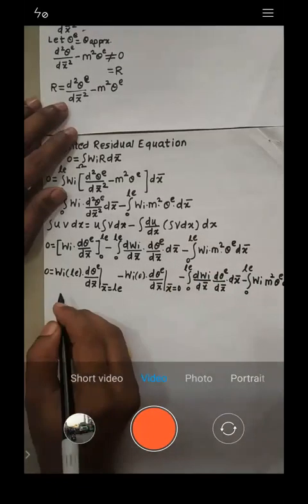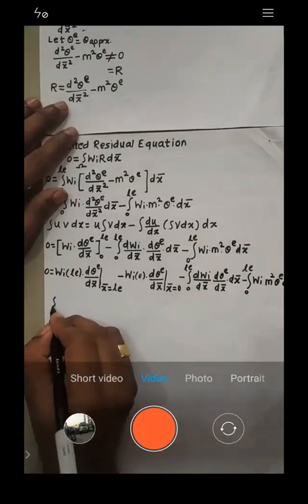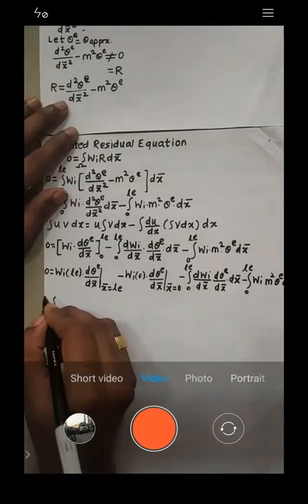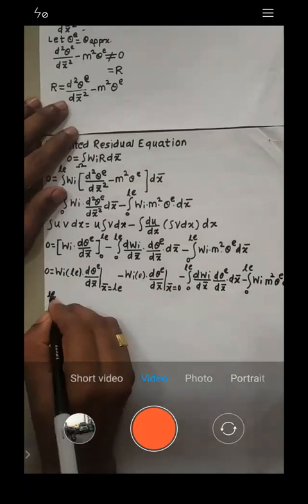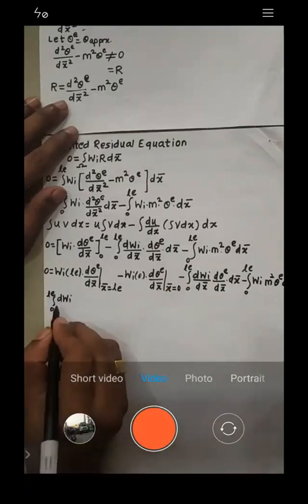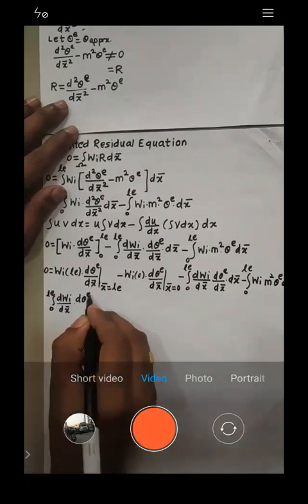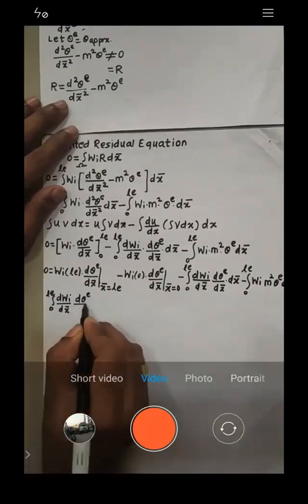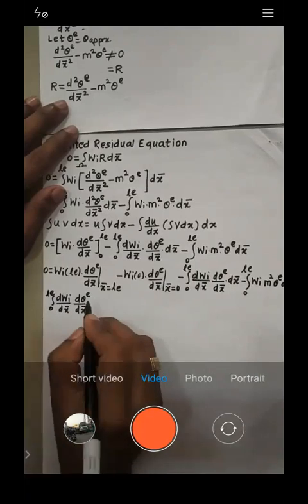Tell me then what will happen. And the minus becomes plus, that's it. This minus becomes plus, right? So I'll just bring it like 0 to LE. I will write down 0 to LE dwi by dx bar into d theta e by dx bar into dx bar.